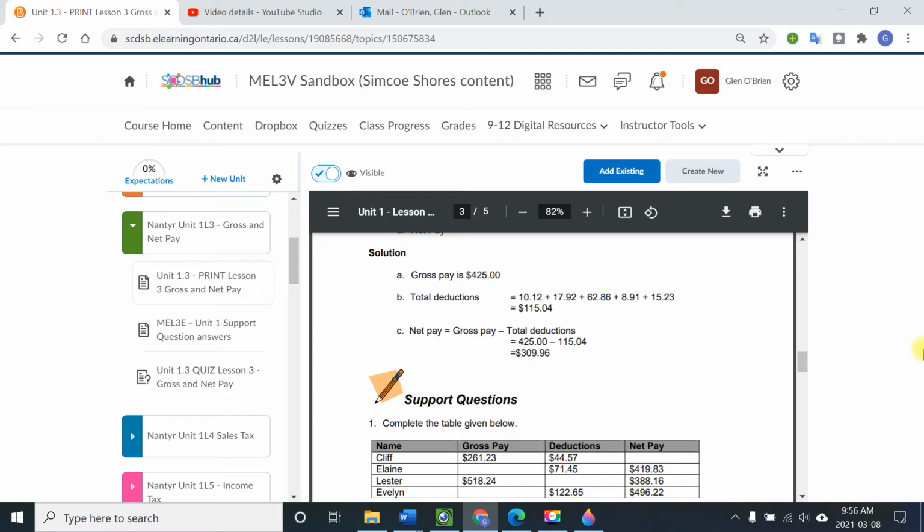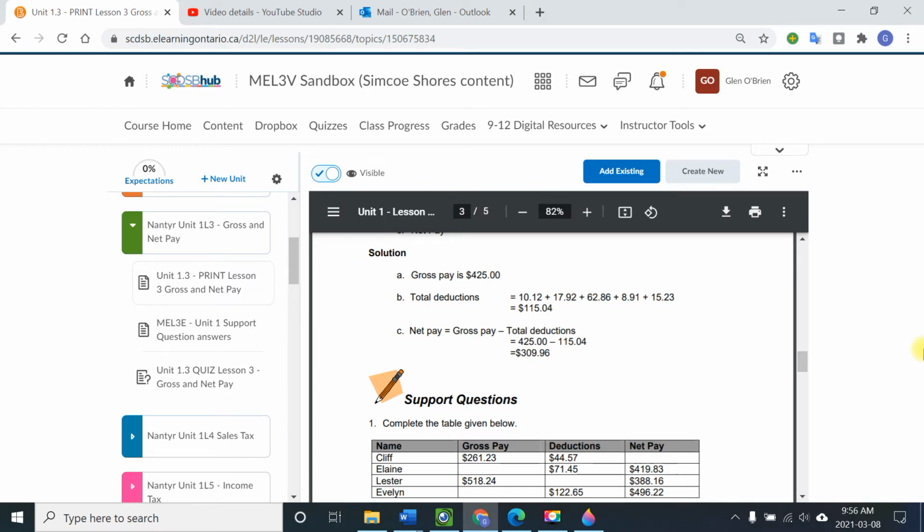And the last person is Evelyn. Has a gross, I have to figure out the gross, and we have a deduction of $122.65 and a net of $496.22. I often put a little line underneath the cents just so that you know that that's not the dollars if you want.